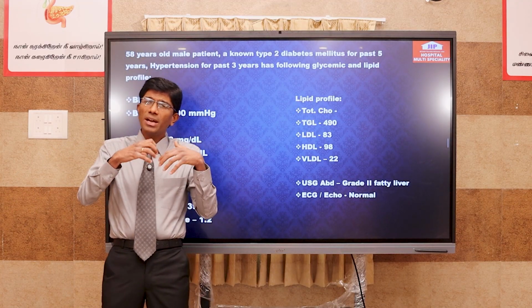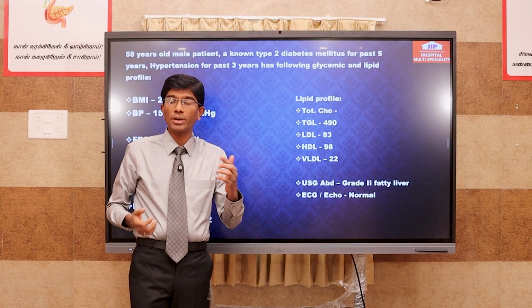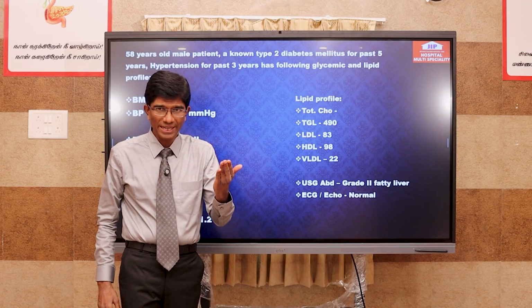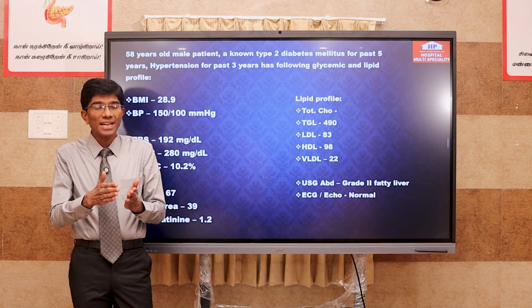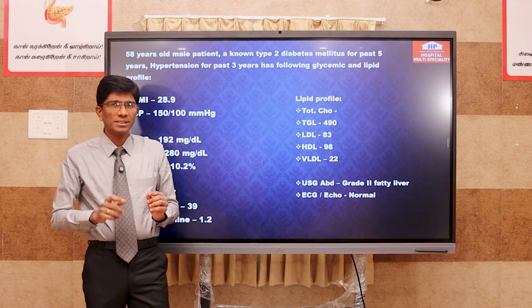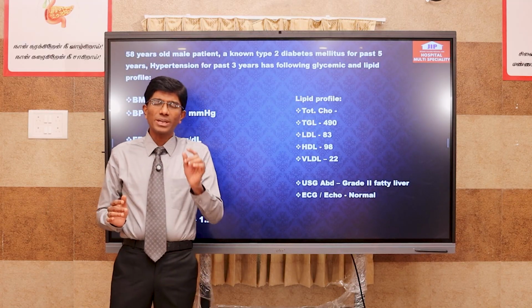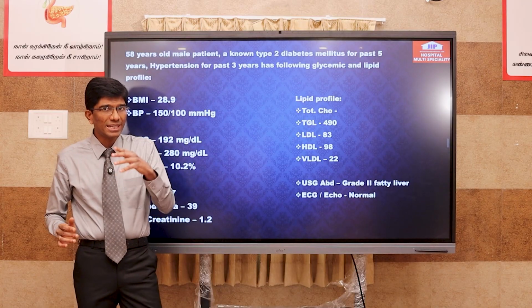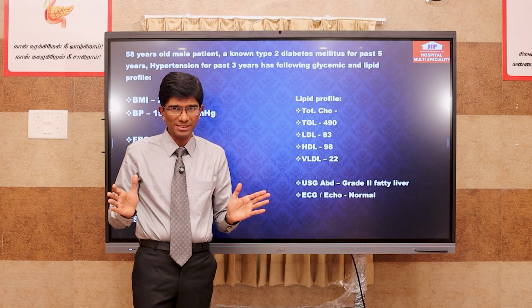When you have reduced renal function with lean body mass, your creatinine may not be high, but that never indicates that the patient has normal renal function, because your creatinine is produced from the muscle. Creatinine is produced from a substance called creatine that is present in the muscle.